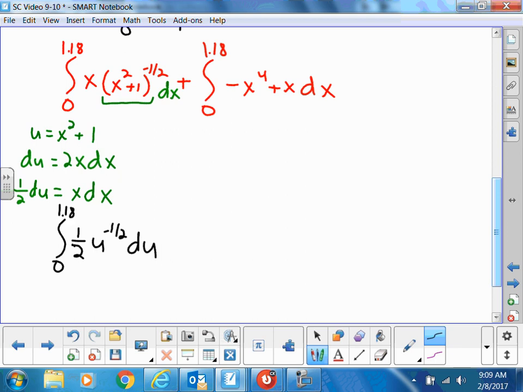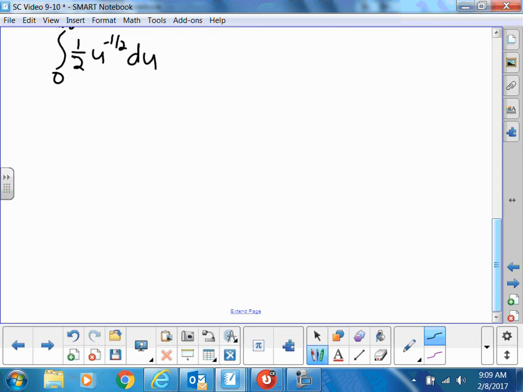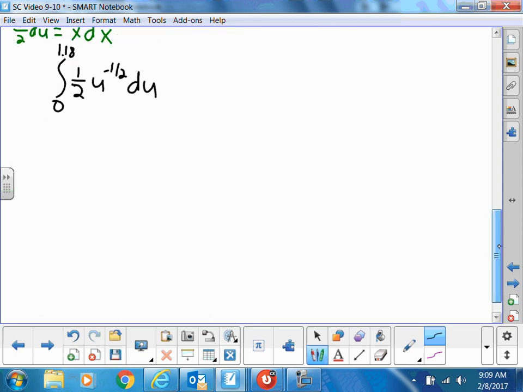And maybe let's go ahead, we'll go through and do this part of the integral, and we'll come back and do the easier part afterwards. So if our exponent goes up 1, we'll have u to the positive 1/2. And then we'll have to divide by that new exponent out front.